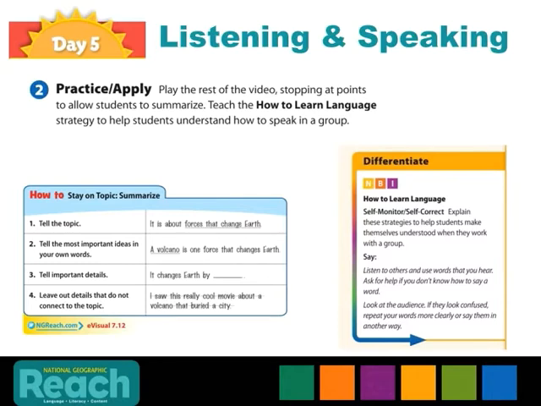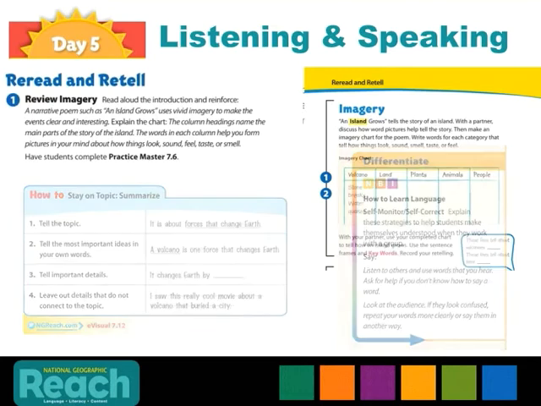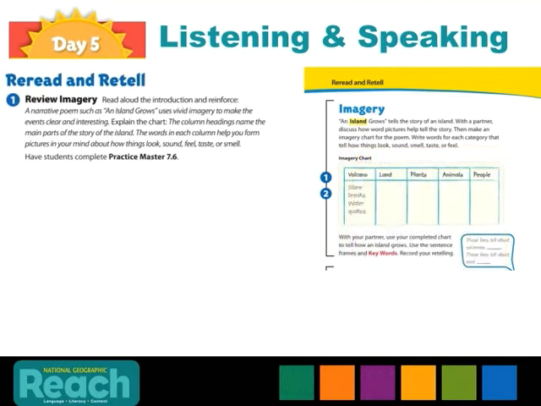On Day 5, you will continue to focus on listening and speaking skills, just like you did on Day 3, by teaching and modeling the skill, except now you will practice and apply the listening and speaking skill, how to stay on topic, by teaching students how to self-monitor and self-correct using the How to Learn Language strategy, Summarizing.